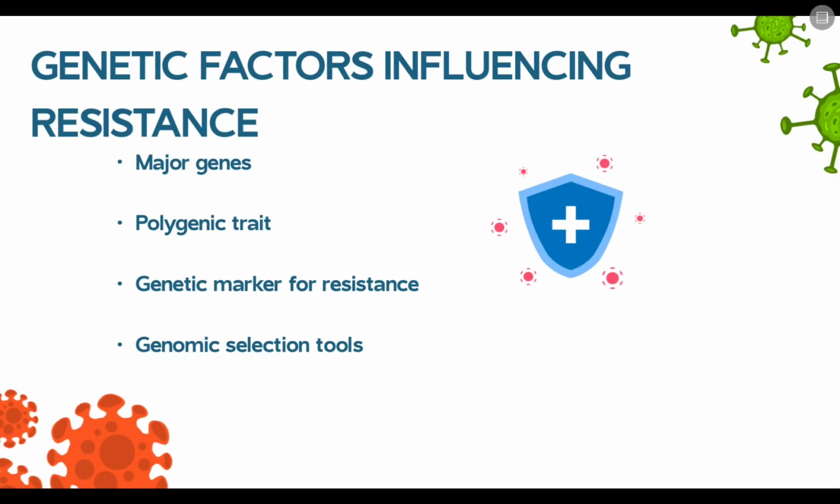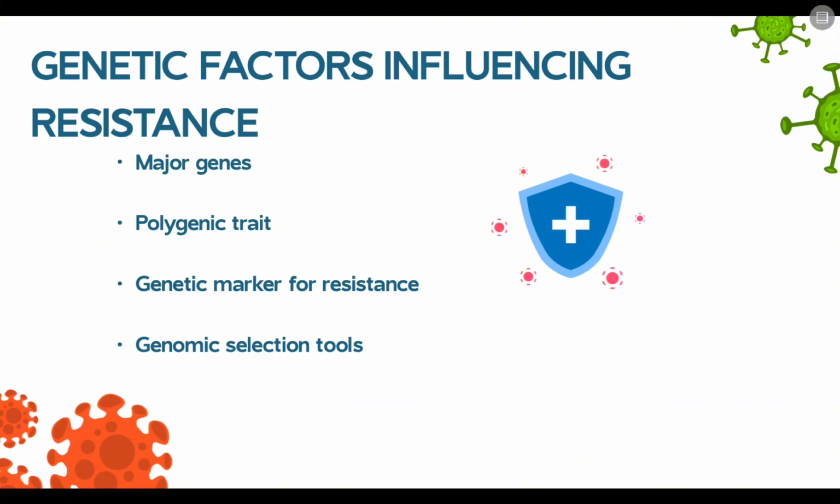The next is the genetic factors influencing resistance. We have here four factors: the major genes, polygenic traits, genetic markers for resistance, and genomic selection tools. Some fish have specific major genes that give them strong protection against particular diseases.